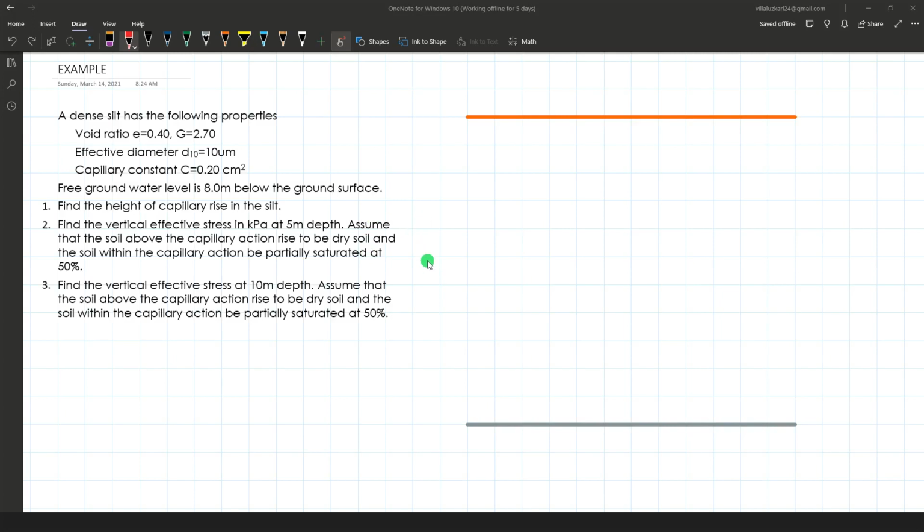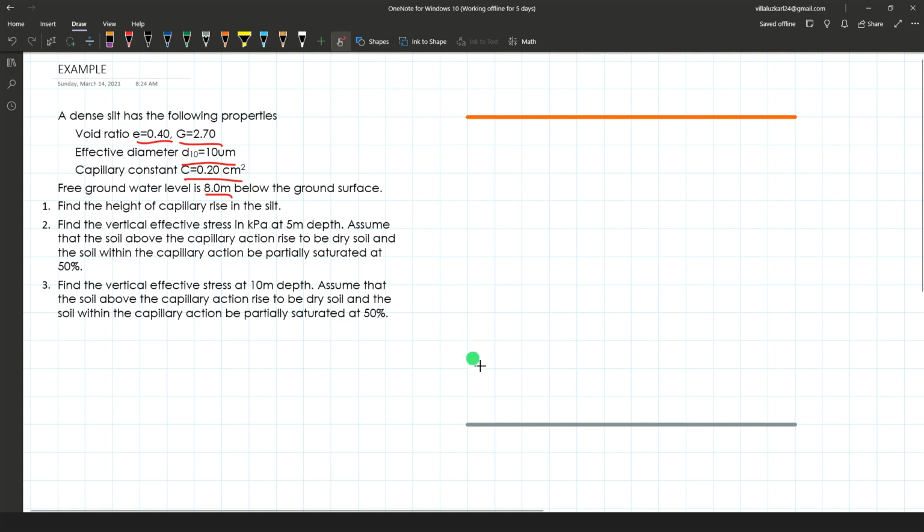For the sample problem, we have here a dense silt with the following properties. We have a void ratio of 0.4, specific gravity of 2.7, effective diameter of 10 micrometers, and a constant of 0.2 square centimeters. It says here that the free groundwater level is 8 meters below the ground surface.